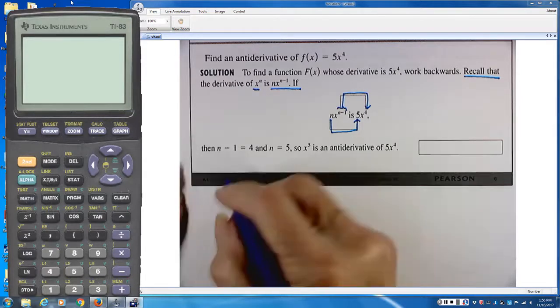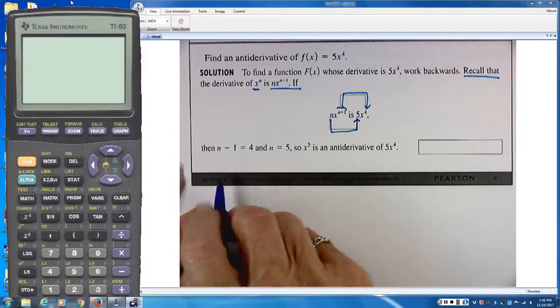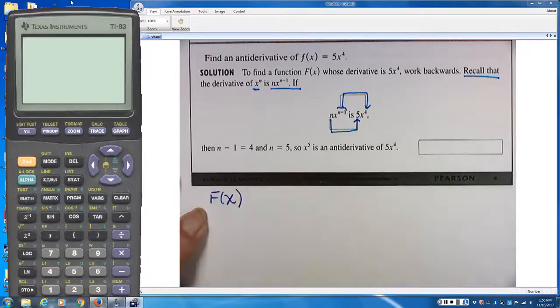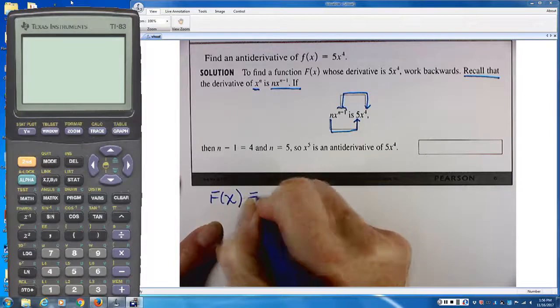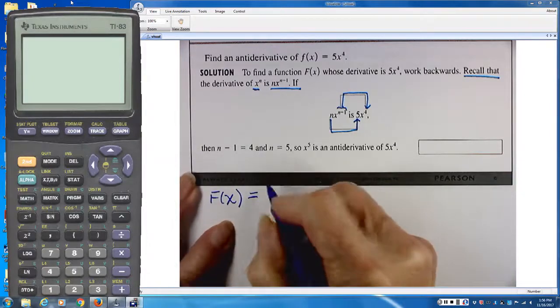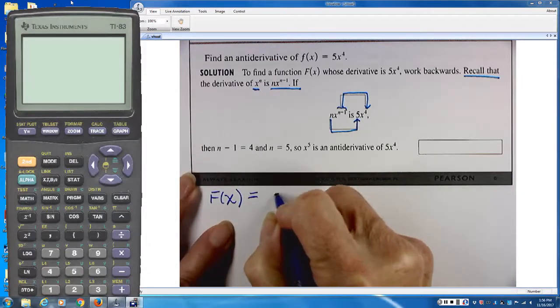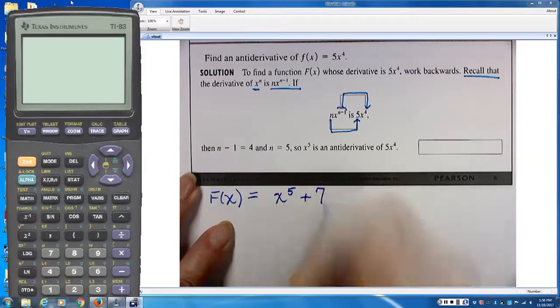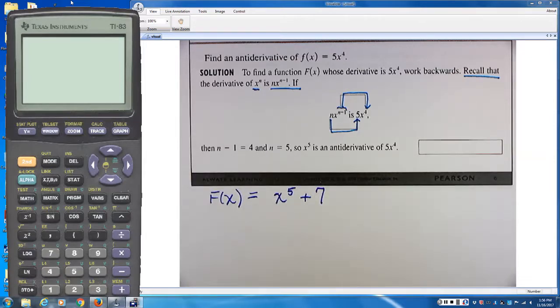What if the original function had been x to the 5th plus 7?